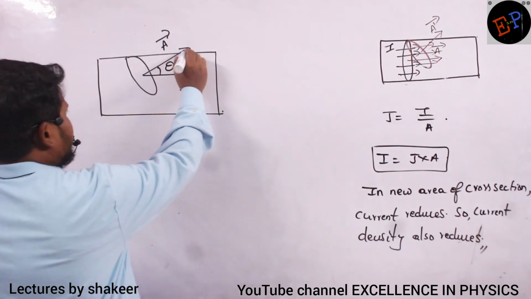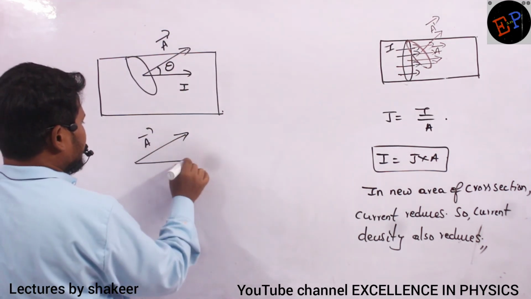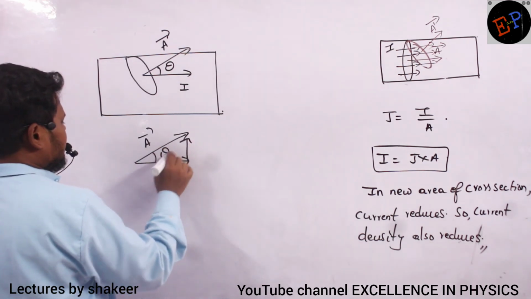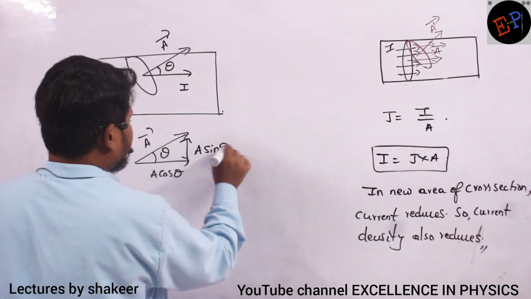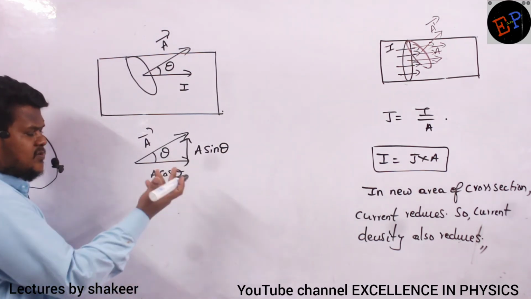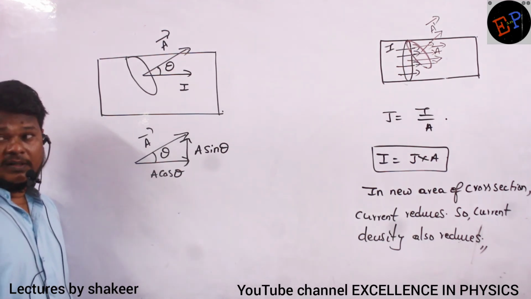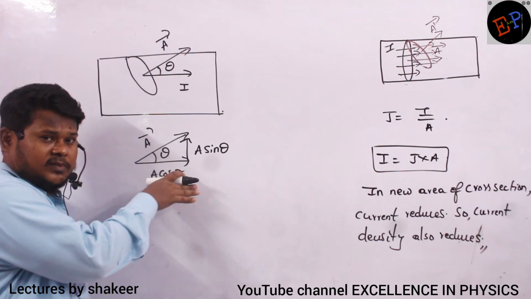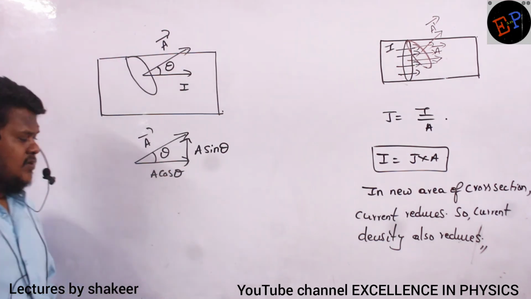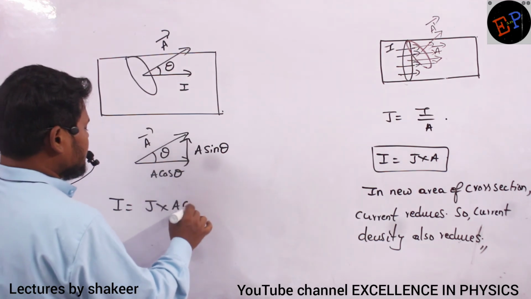So I will split this area vector into two components. This is A cos theta and this is A sin theta. Out of these two components, which one do I have to take, A cos theta or A sin theta? I am supposed to take A cos theta, because this is the direction of the area vector in which current is flowing. So I can write I is equal to J into A cos theta.